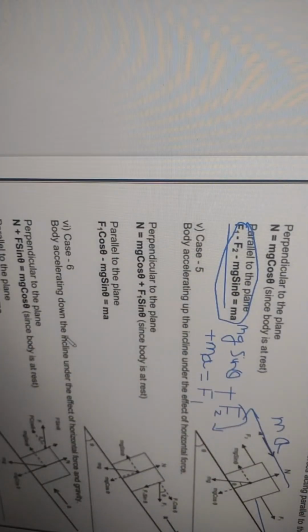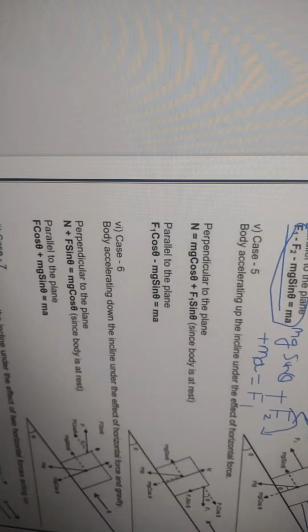Case 5 is body accelerating up the incline under the effect of horizontal forces. Body accelerating up the incline, it is moving up, so MA will be in this direction. Mass into acceleration will be in the opposite direction of the acceleration, and force F1 is in this direction.